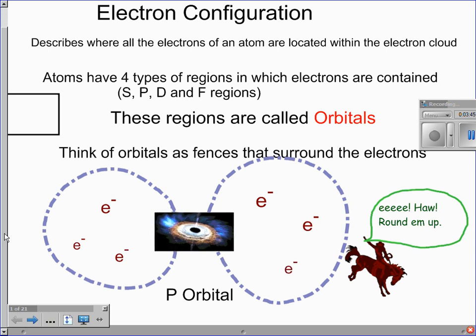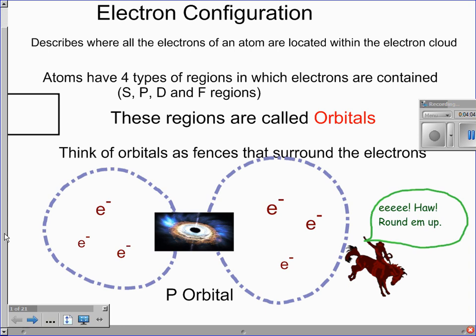Notice I drew 1, 2, 3, 4, 5, 6 electrons. That's because in a p orbital, there are only 6 electrons ever. We'll get into more of the numbers in a second.